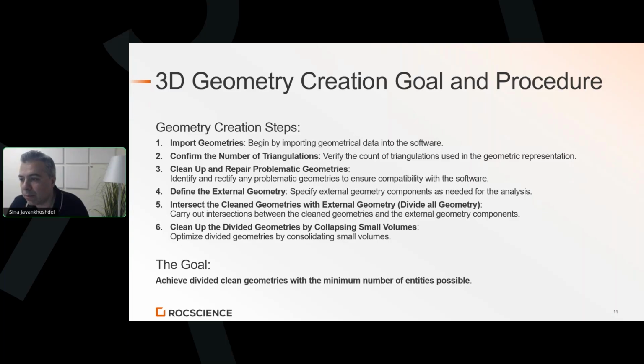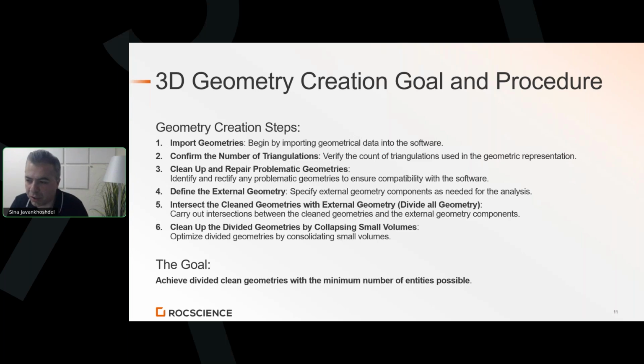Then you start cleaning up and repairing the problematic geometries, and you find the defects and fix those in the program. Then you define an external geometry, which is the boundary outside of your geometry, and then you intersect the clean geometries with the external geometry. So this is a simple part.